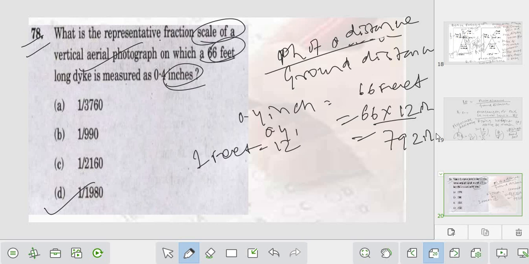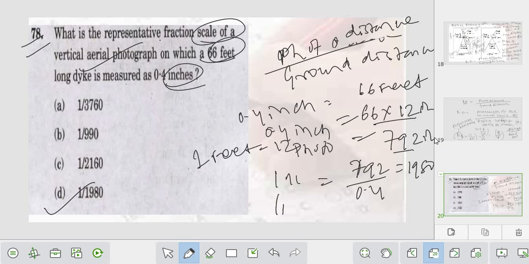So it is 0.4 inch जो फोटो पे है equal to 792 inch in ground, so 1 inch will be 792 by 0.4, it will come to 1980, so 1 by 1980 RF will be, okay.